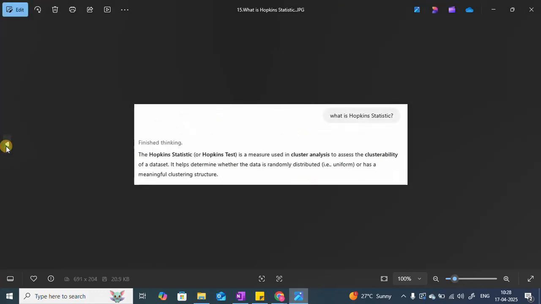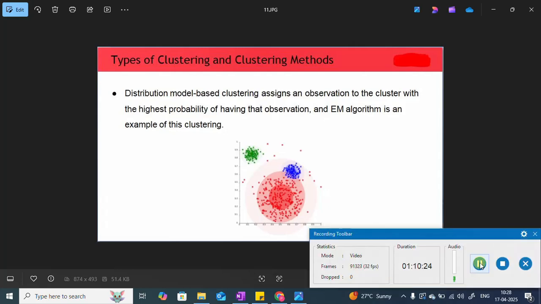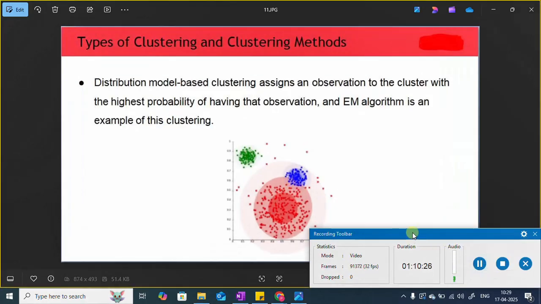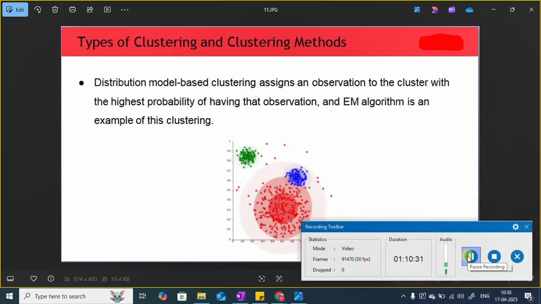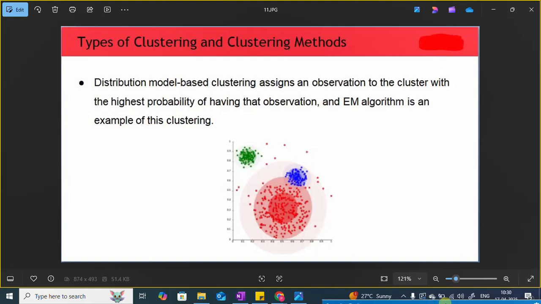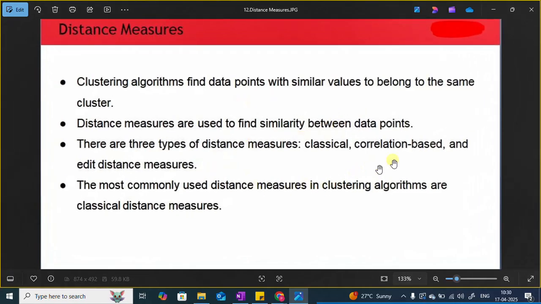Okay, let's go to my PPT and I will show you the things I explained. So this thing we have covered. Now come to here. Distance measure: as I told you, there are three types of distance measure: classical, correlation based, and edit distance measure.